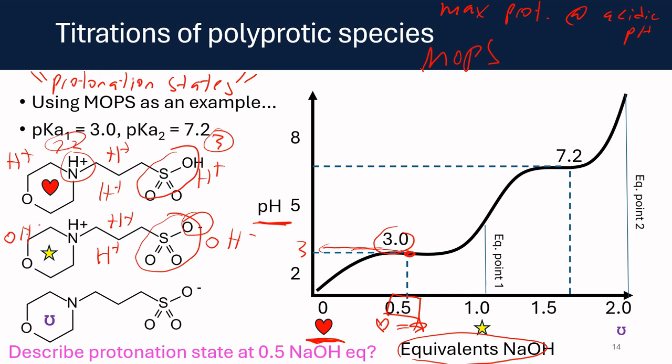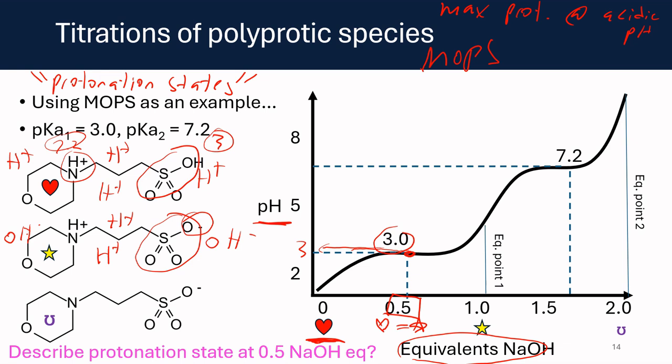You want to know which point 100% of them get deprotonated? When we add in 1 equivalent of sodium hydroxide, okay? Because 1 equivalent of that will annihilate the 1 equivalent of MOPS, specifically the more acidic group.